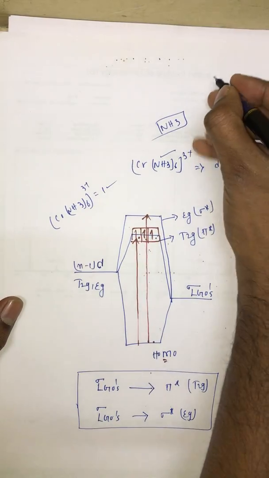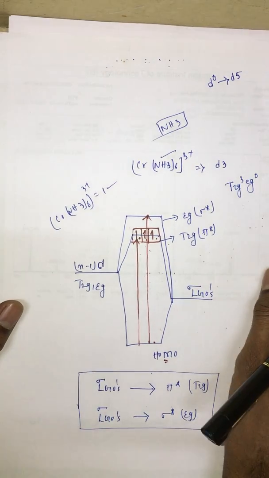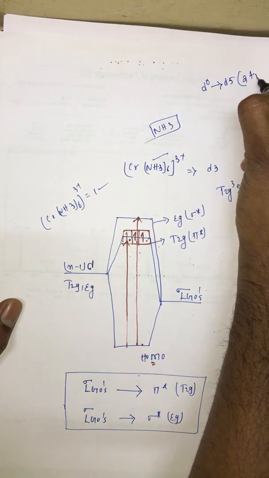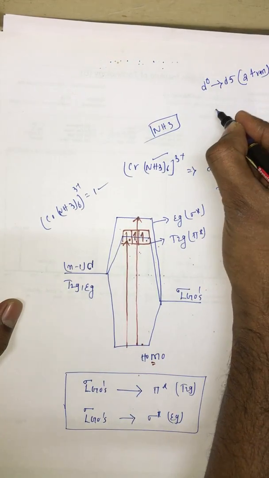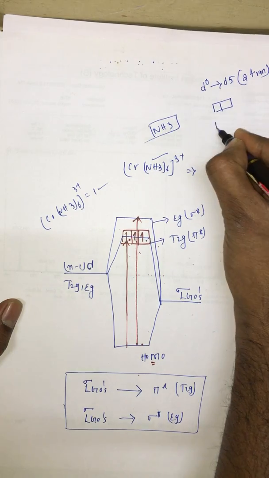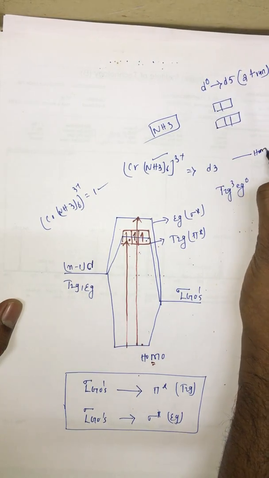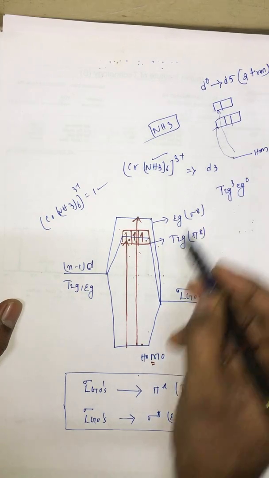So from d0 to d5 we'll get two transitions, because d0 includes this kind of configuration. So these are the HOMO orbitals of the ligands. One transition is possible from here to here and here to here.